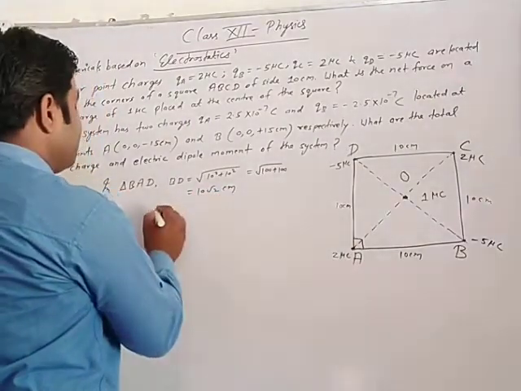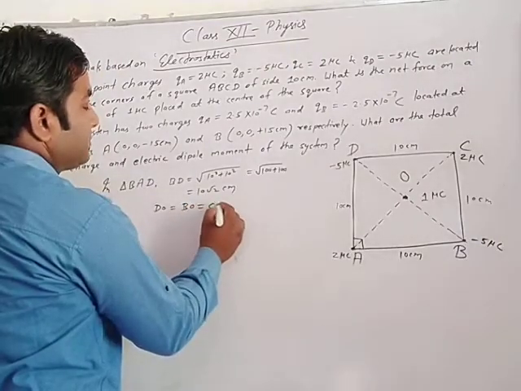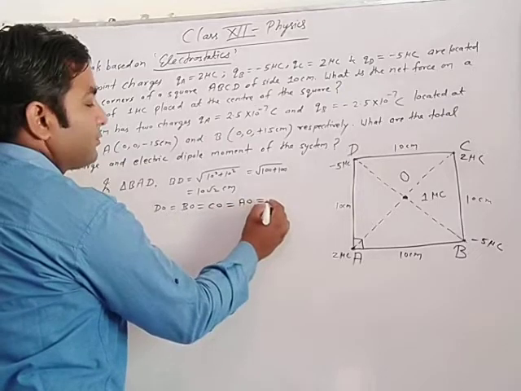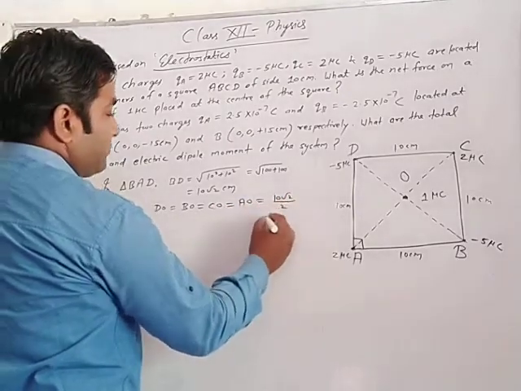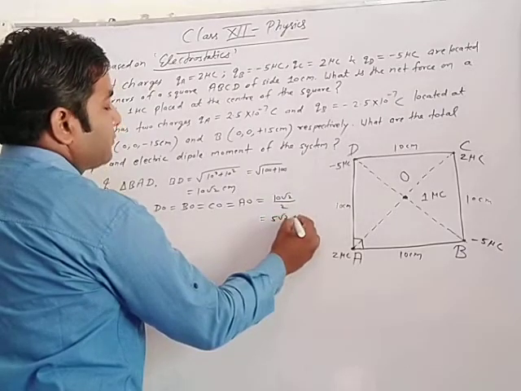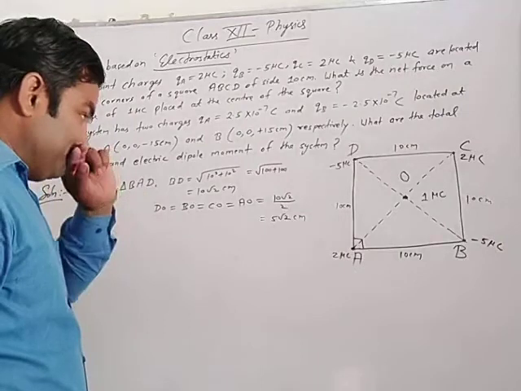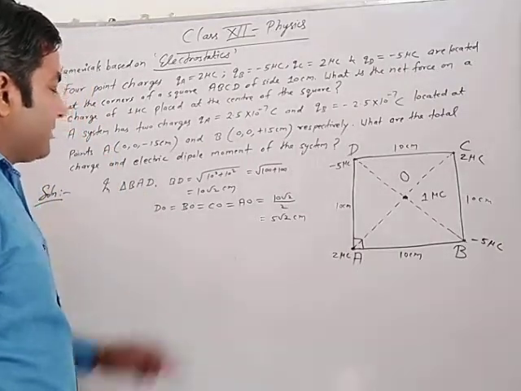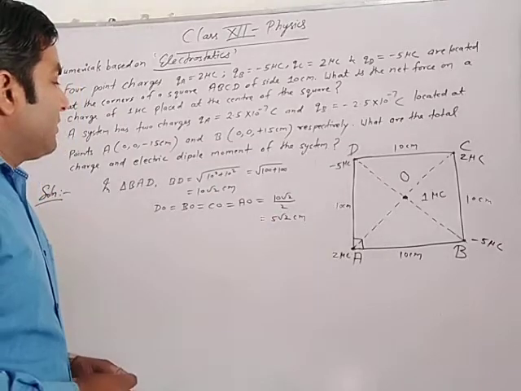So half of BD, that is DO is equal to BO is equal to CO is equal to AO, all are equal, so equal to 10 root 2 upon 2, that is equal to 5 root 2 centimeter. Very simple, because here 2 divides 10 to give 5, so 5 root 2 centimeter.